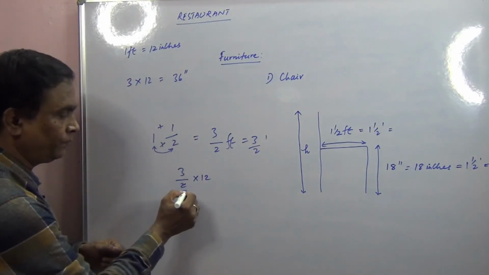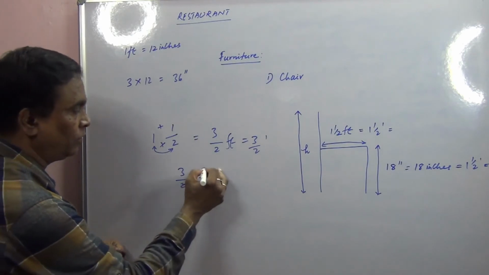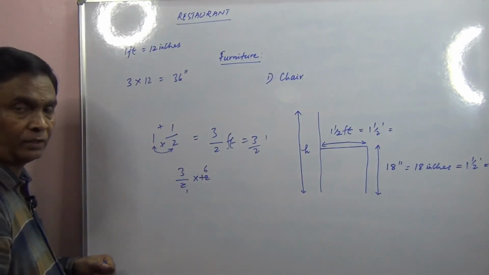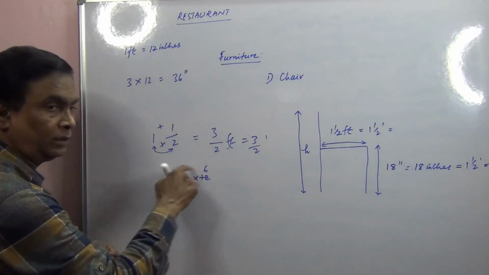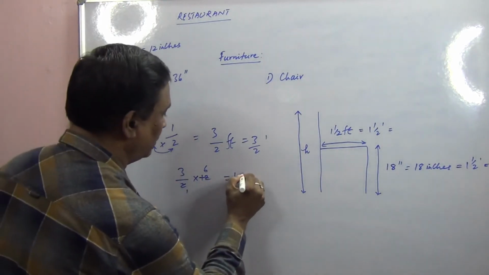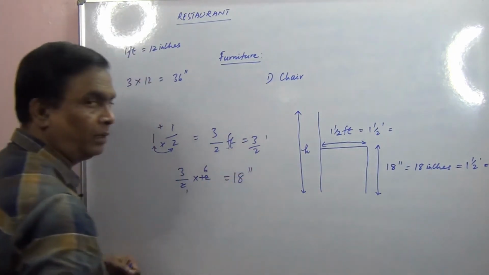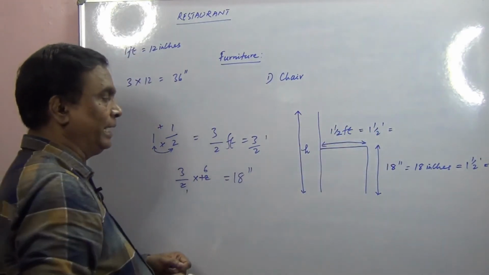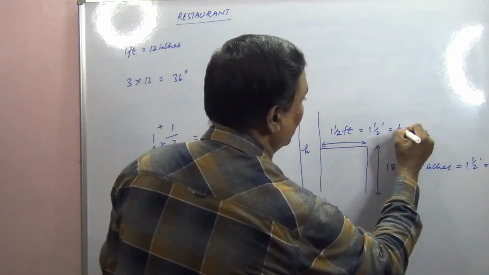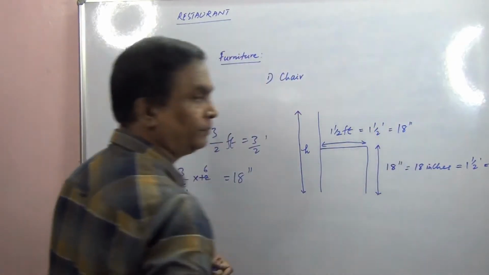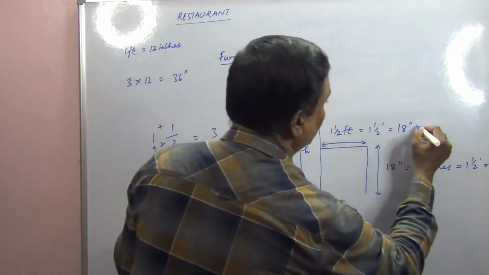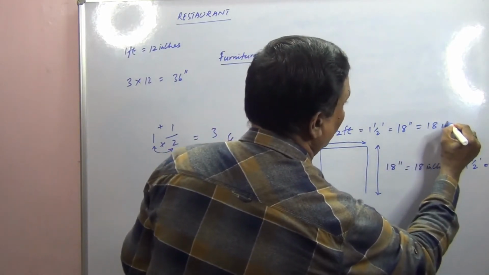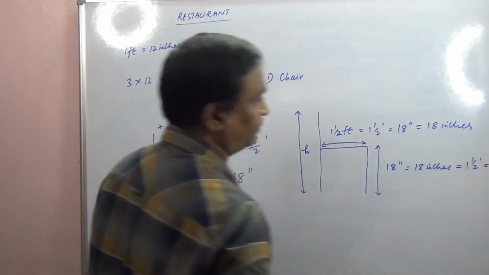So 2 sixes are 12, and 3 sixes are 18 inches. So you can write it in inches like this, 18 inches.